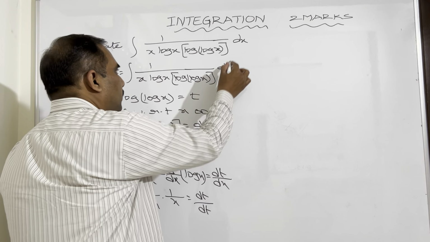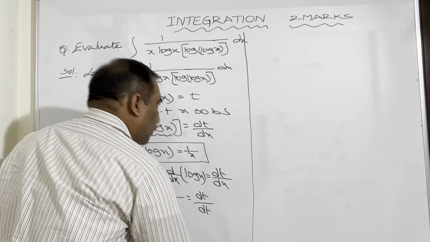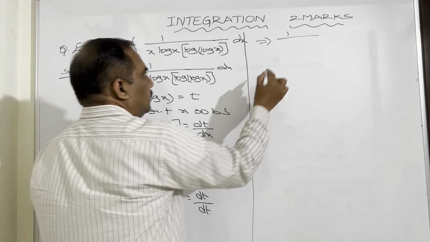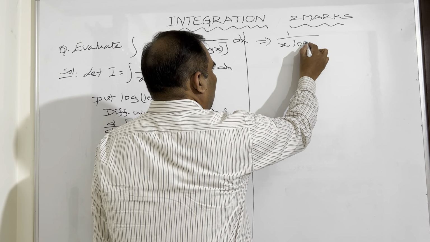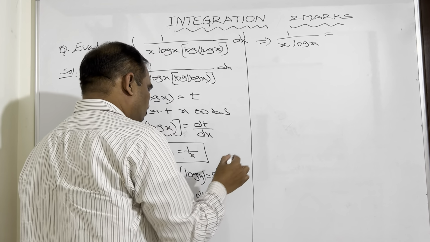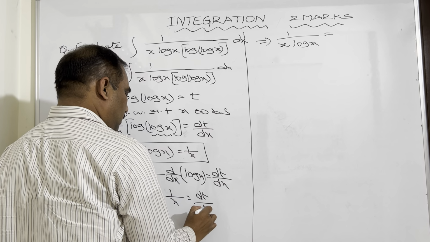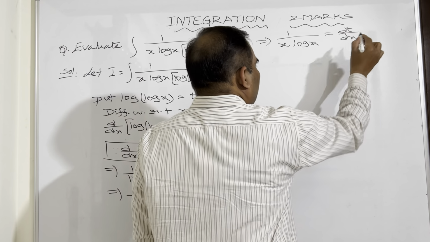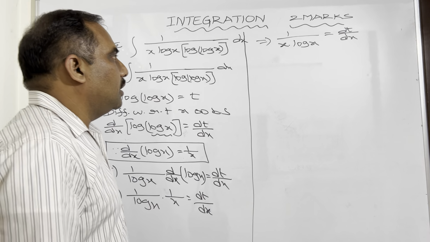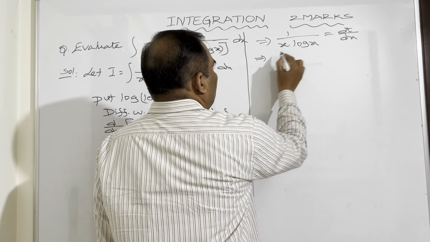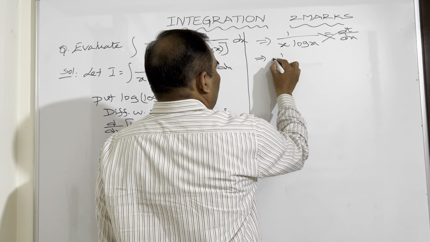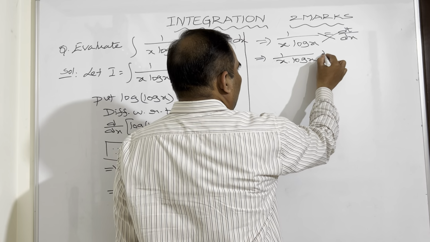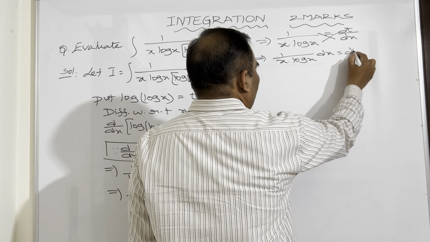So finally 1 by x into log x is equal to dt by dx. By cross multiplication, we get 1 by x into log x into dx is equal to dt.